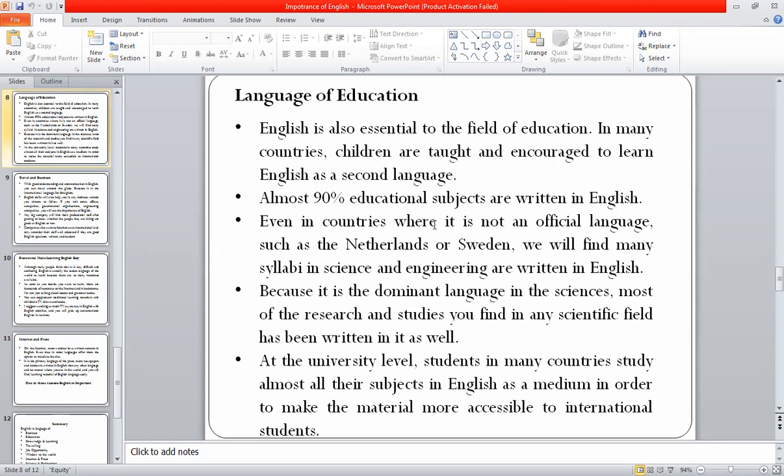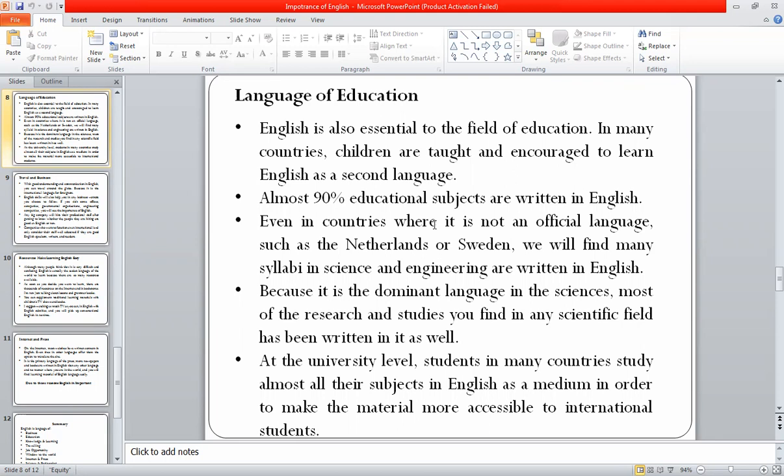So most of the scientific researches that you see, there are many researches happening every day, okay. There happen many researches in the world, and most of them get published in the research papers, and they only use English language for publishing them on the international level or international stage.